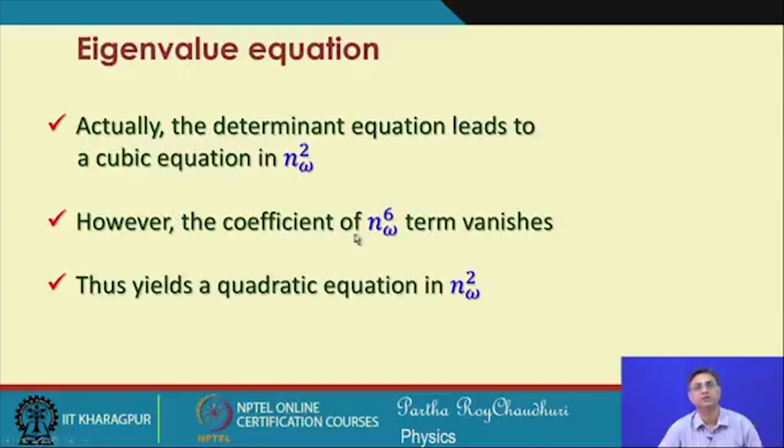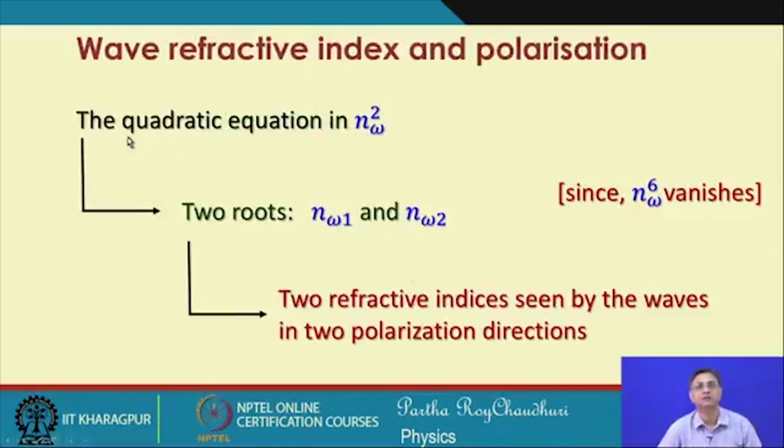The coefficient of n to the power of 6 will be there, but interestingly all the coefficients of n omega to the power of 6 will vanish, resulting in a quadratic equation in n omega square. So, that means we will have a quadratic equation which will involve only n omega square, that is there will be two values of n omega for this equation.